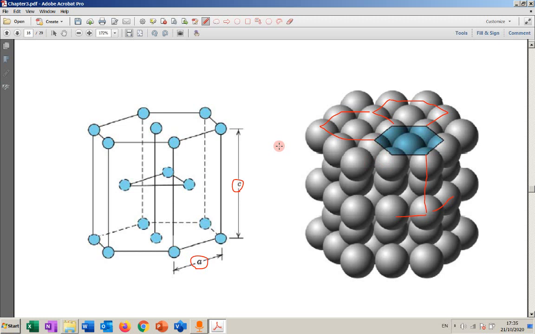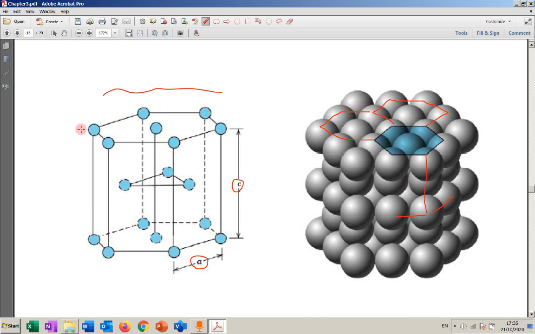Now, what will the arrangement be? We have a hexagonal at the top and a hexagonal at the bottom. A hexagonal has 6 corners, and at each corner there is one atom. This is the reduced sphere model. We said this is not the exact way the atoms touch each other, but this is for understanding.